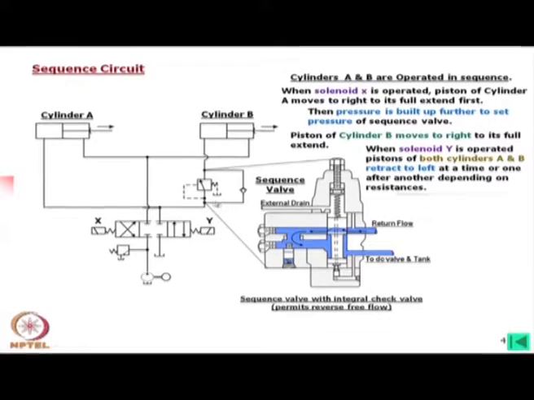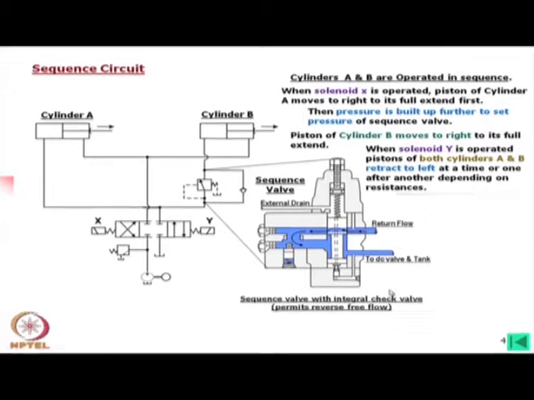In case of this forward flow to cylinder B, this will be opened, which can also be actuated by a remote control.